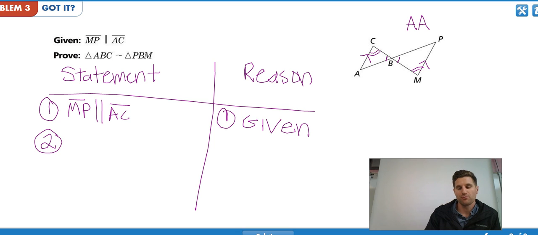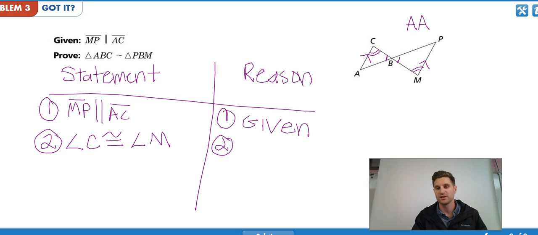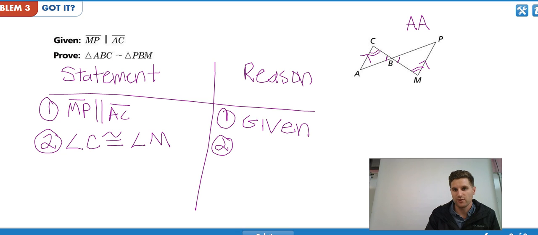All right, I'm going to jump right into getting C and M. So angle C is congruent to angle M. And the reason why is because they are alternate interior angles. If you look at those two parallel lines, they're on the inside and they're alternating. So we're going to do alternate interior angles theorem, AIA.